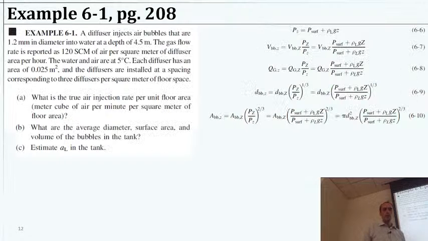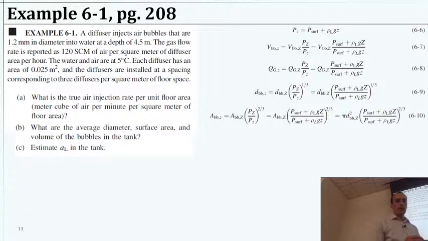All right, so let's take a look at an example. And I copied and pasted each of those in case we need them. So here we have a diffuser. It's injecting air bubbles that are 1.2 millimeters in diameter into water at a depth of 4.5 meters. The gas rate is reported as 120 standard cubic meters of air per square meter of diffuser area per hour.